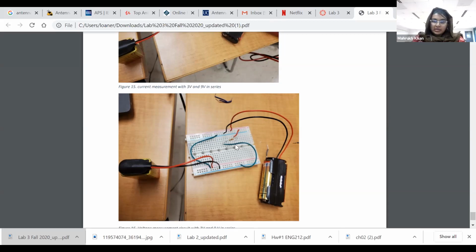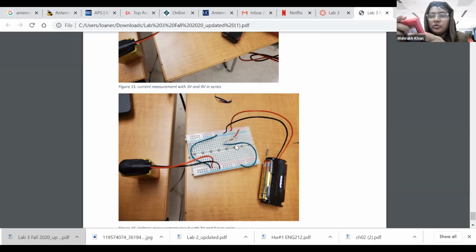Where do you connect your DMM? Can you move your camera down a little bit? Yes, now it's clear. So I put this positive on this side, on the legs of the resistor? You're not seeing anything? Let me check.